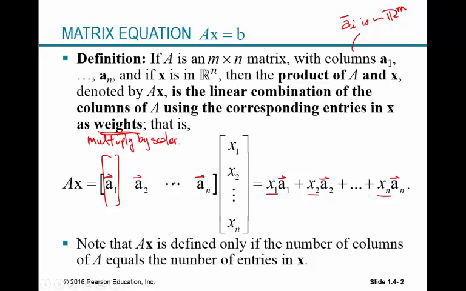X here is a vector, and the vector X is represented by x1, x2, all the way up to xn. Those are the components of your vector X.